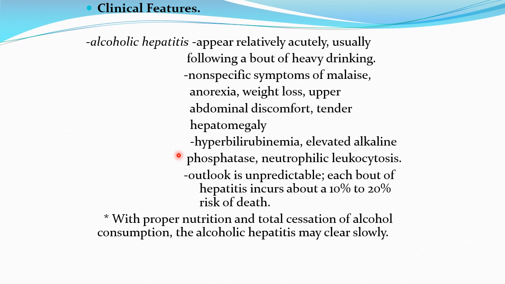The outlook is unpredictable. Each bout of hepatitis incurs about a 10 to 20% risk of death. This will be treated with proper nutrition, and there should be total cessation of alcohol consumption. Then the alcoholic hepatitis may clear slowly.